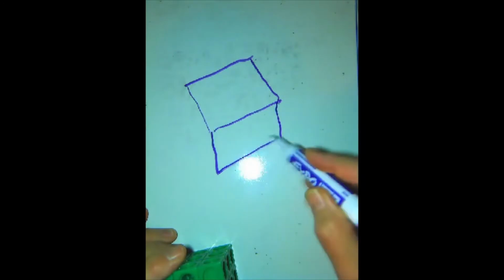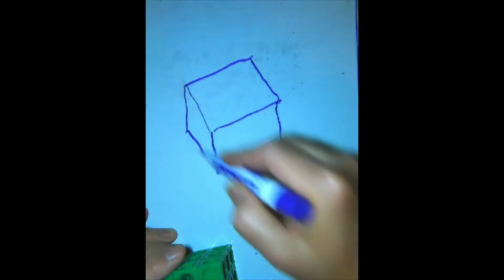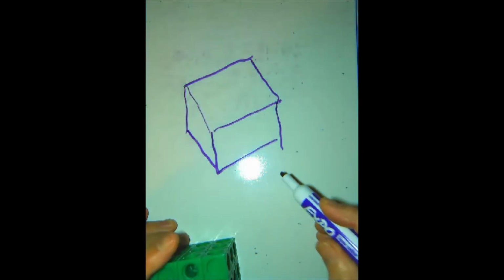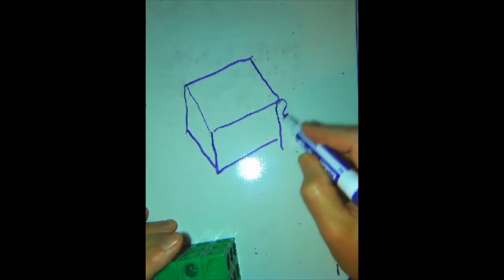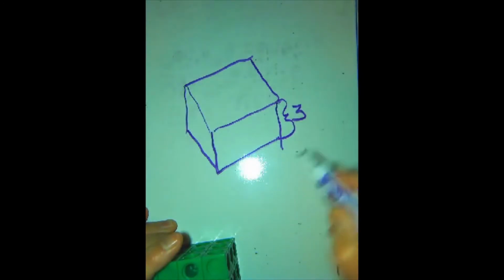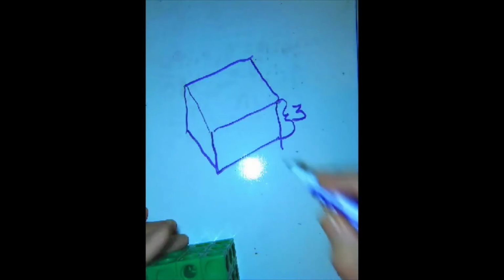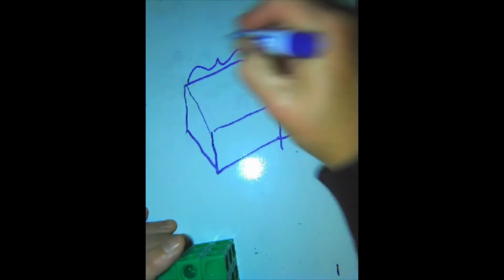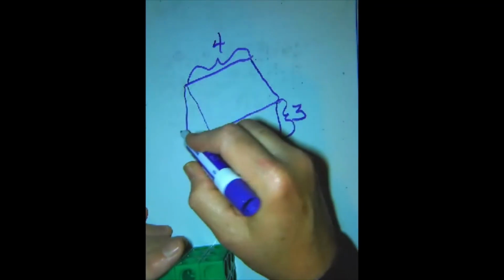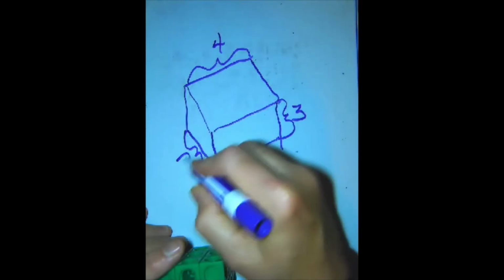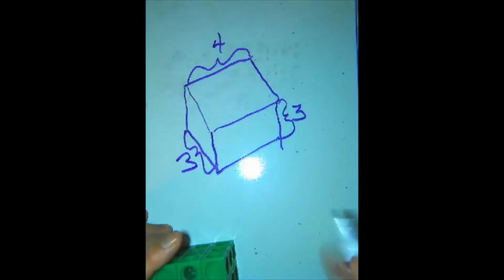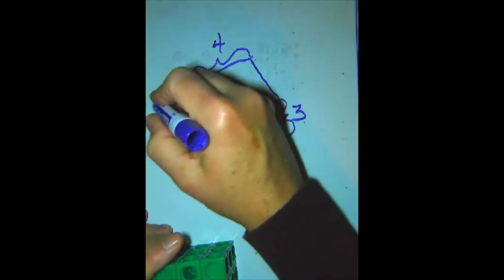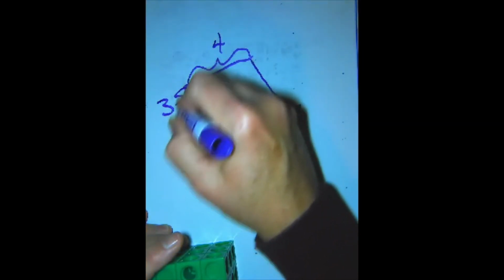And so if I label this particular sketch now, we would notice that from here to here we would have 3 units. From here to here we would have 4 units, and from here to here we would have 3 units.